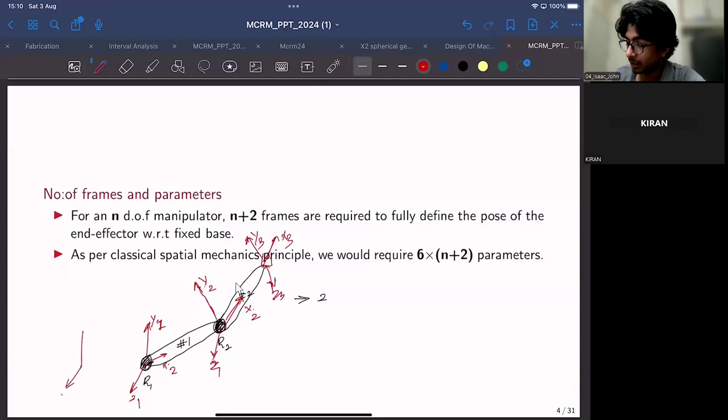That would be Z0, X0, and Y0. So in total, for n degrees of freedom, you will have n+2 frames, or for this particular example, a 2R manipulator, you will have 4 frames, 2 attached on each of these links, one to the ground and one to the end effector.